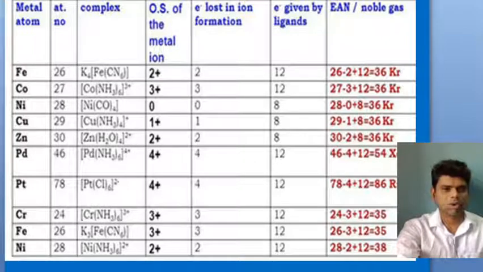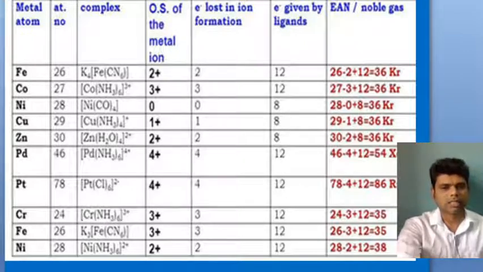Then the second case is cobalt, [Co(NH3)6]3+. By simple calculation, the 6 ligands are rendering 0 charge, so cobalt is in +3 state. Electrons lost in ion formation is 3, and electrons given by ligands is 12, that is 6 into 2.